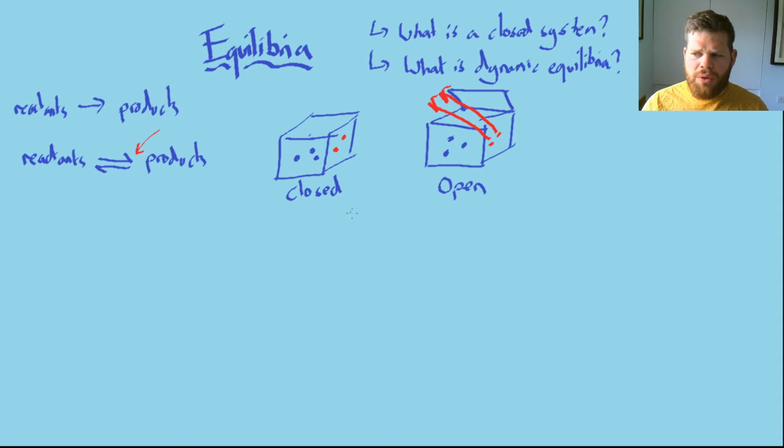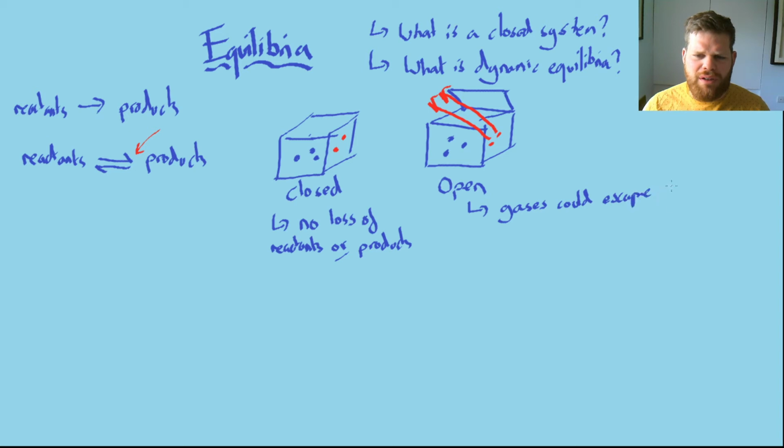So a closed system is where there is no loss of reactants or the products. Conversely, an open system is where maybe gases could escape, as an example.